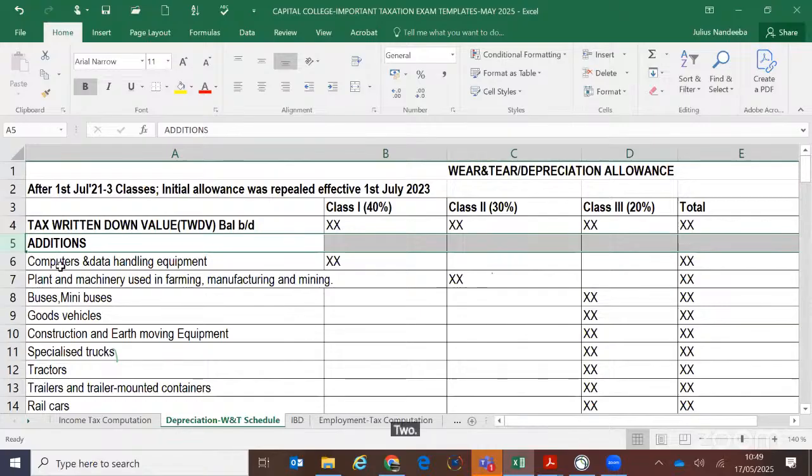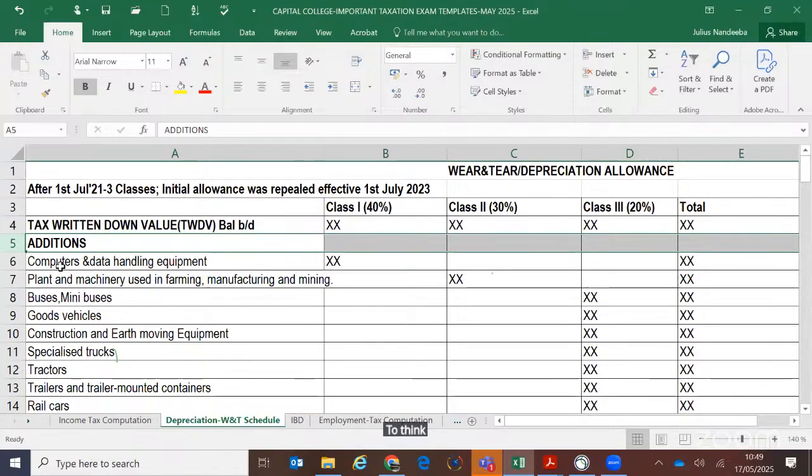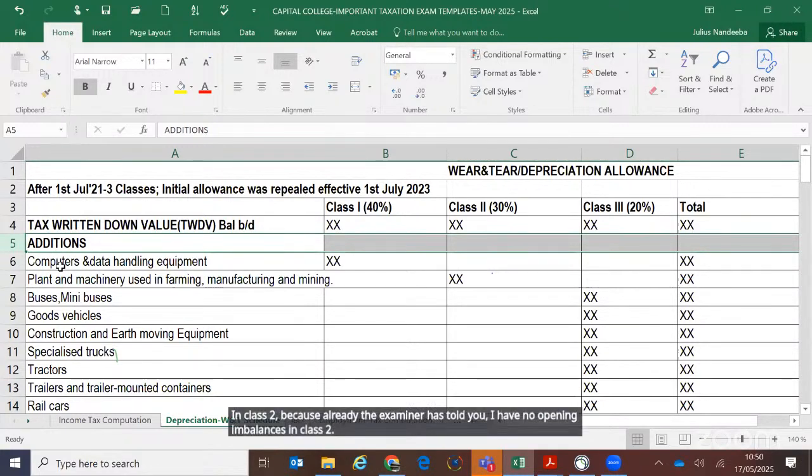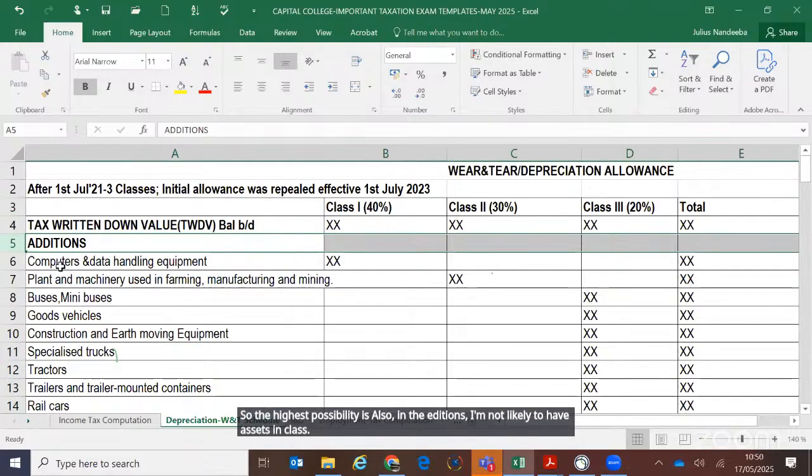When the examiner gives you nothing in class 2, then you should not think that there are assets likely to be in class 2. Because already the examiner has told you, I have no opening balances in class 2. So the highest possibility is, also in the additions, I'm not likely to have assets in class 2.